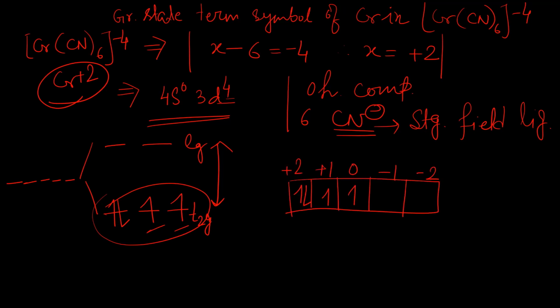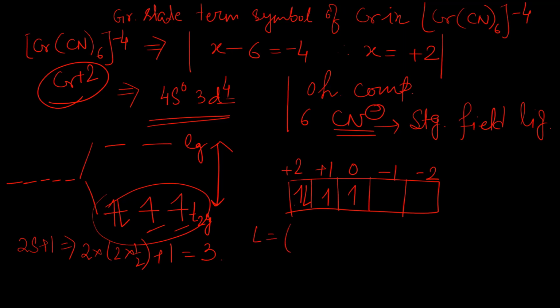This is the paired electron, and we know that paired electrons don't contribute to spin multiplicity. So we need the 2S plus 1 value. What is the spin contribution here? 2 into half, since 2 electrons are present, plus 1 equals 3.